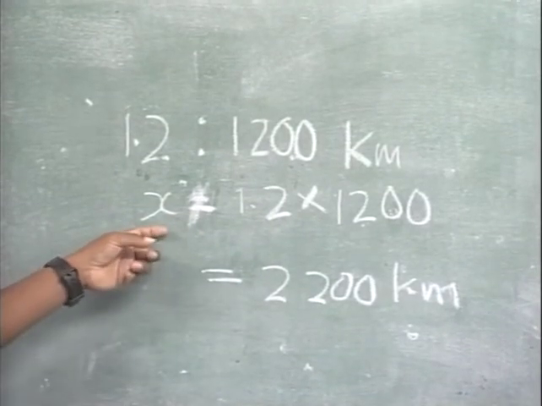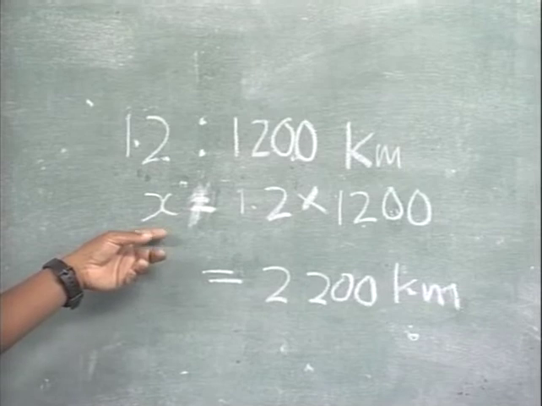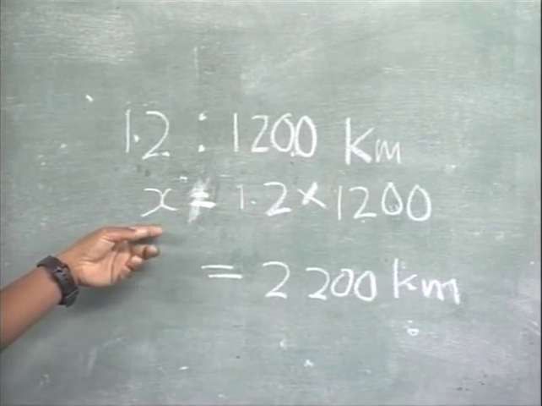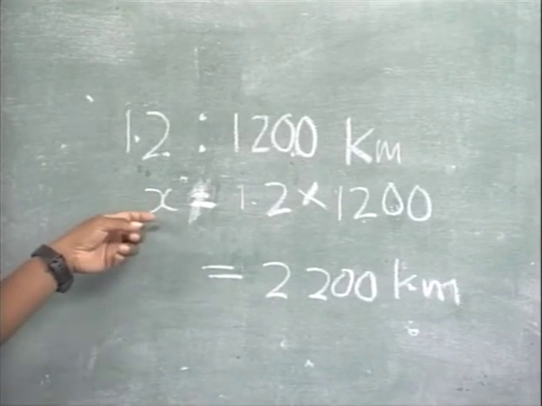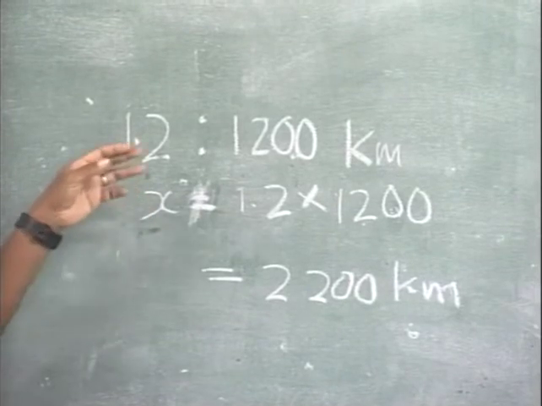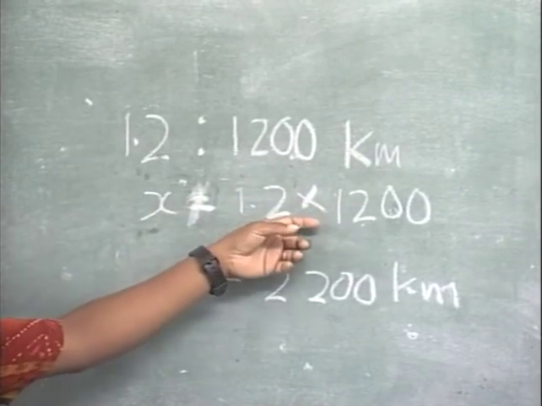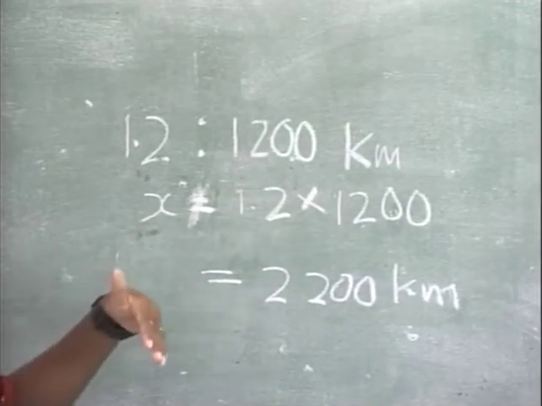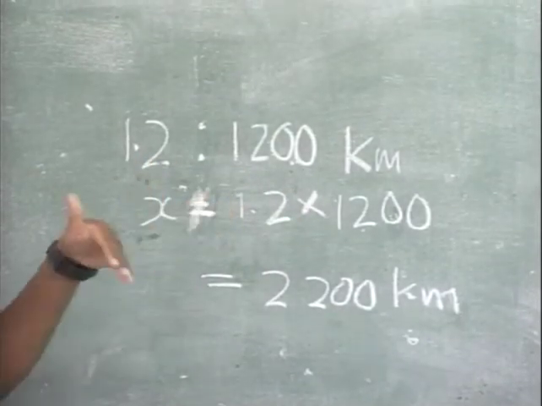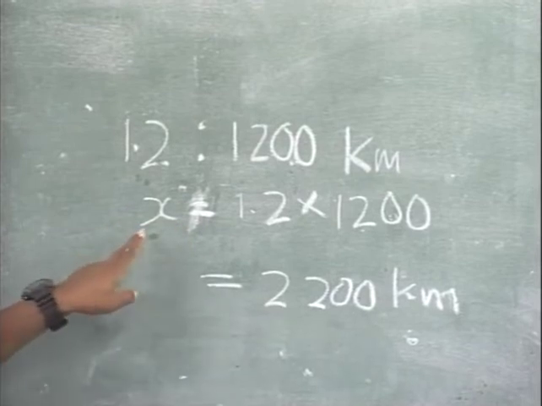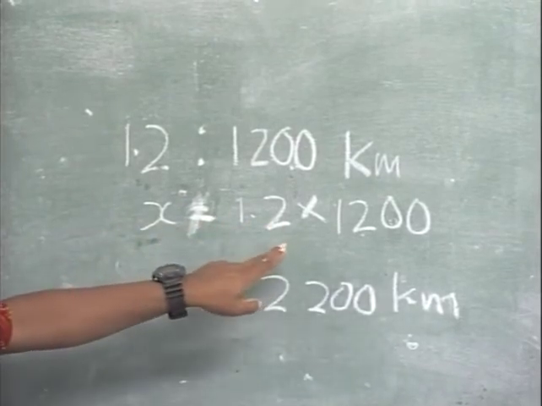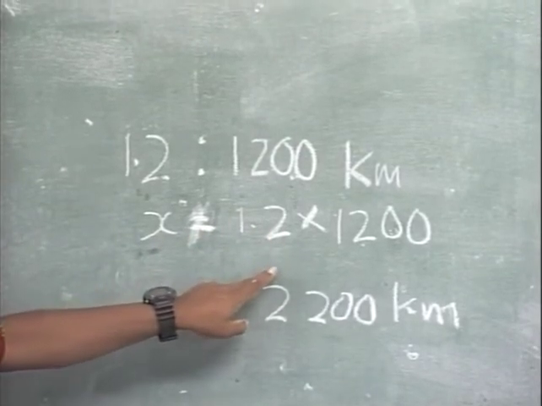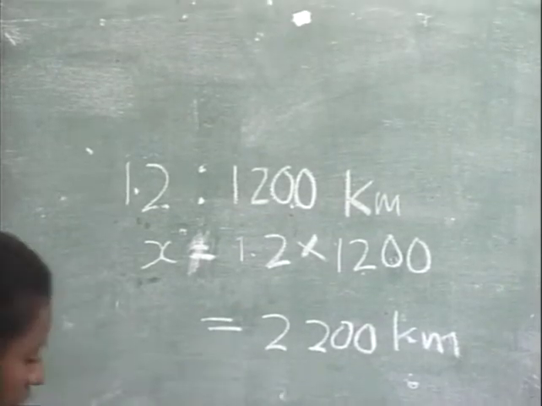His X here, he's trying to find in centimeters, which he's not supposed to. He's supposed to find the answer in kilometers to tell us how far Australia has actually moved in 45 million years. So if we double check his calculations here, we need to do some corrections. So we will do the corrections together.